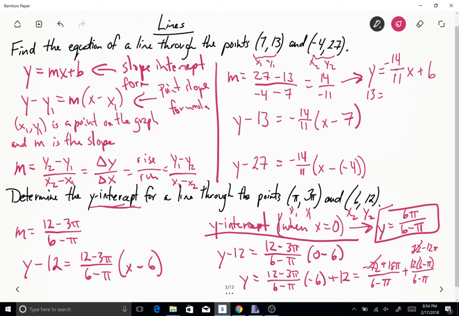So 13 equals negative 14 over 11 times 7 plus b. Now I have to simplify that on over, which this one's not as bad as the next one. I'm going to have to round most likely if I'm using a calculator, right? I have pi's involved with my formula. Notice I could handle this without using much of a calculator, right? None of this stuff, I've used a calculator thus far.